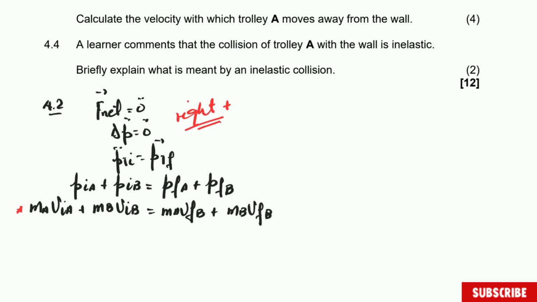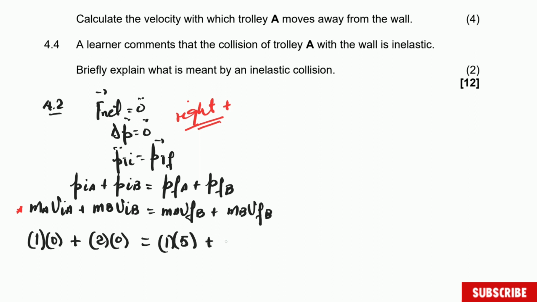Alright, so now let's substitute what we have. Here we have 1 kilogram multiplied by 0, because initially they are at rest. Mass B is 2 multiplied by 0, because it was at rest. Now this is 1, and remember the final velocity of the trolley is 5 meters per second when the spring is released.